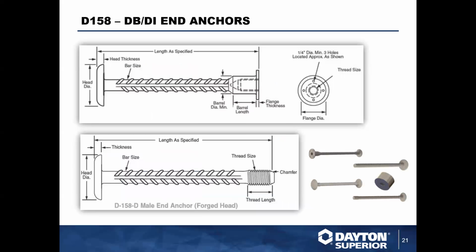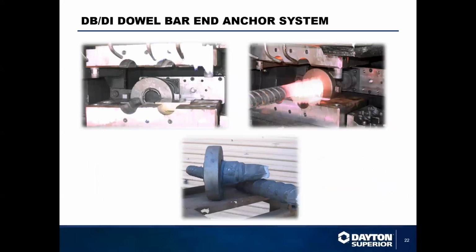We can also do end anchors. If end anchors are needed for a project, for columns, et cetera, we can do either male or female connectivity with a large headed mushroom head anchor on the end. We do have IAPMO approval on all of our products that we're showing here today.